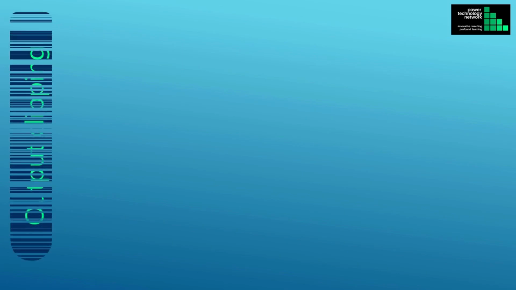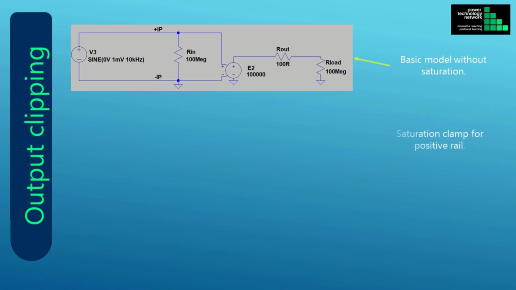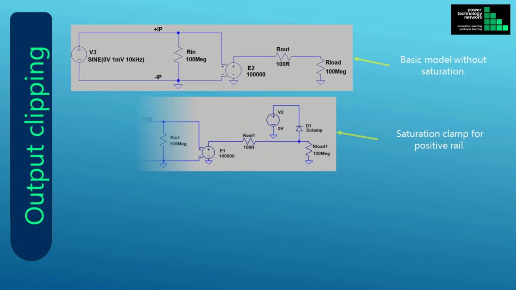This schematic shows the ideal op-amp used in the previous slide. This is what the ideal op-amp circuit looks like, with the addition of a positive rail clamp circuit. The positive rail clamp circuit consists of V2 and D1. And this is what the output voltage looks like, with a positive rail clamp.